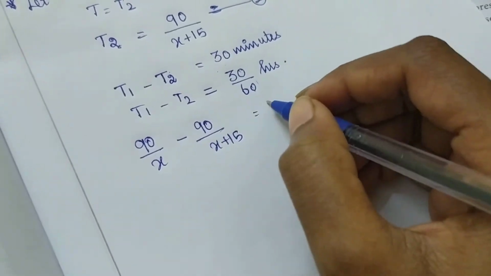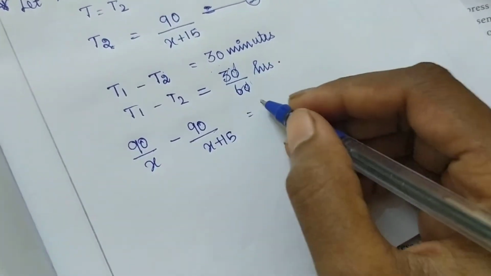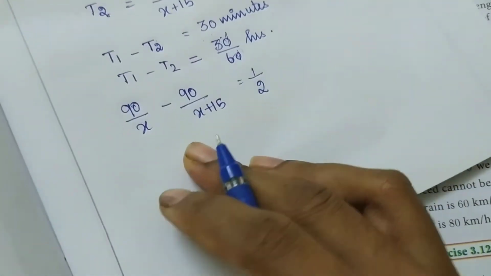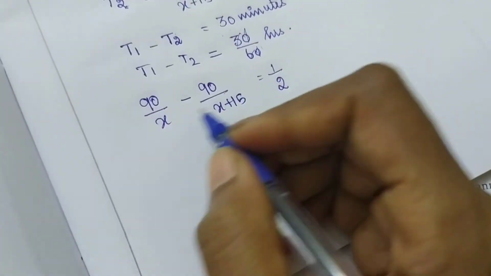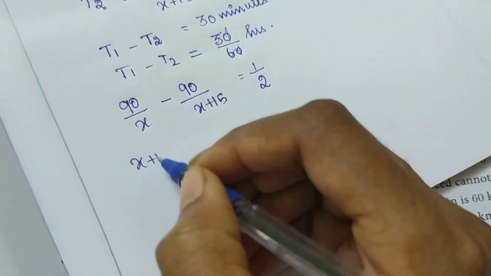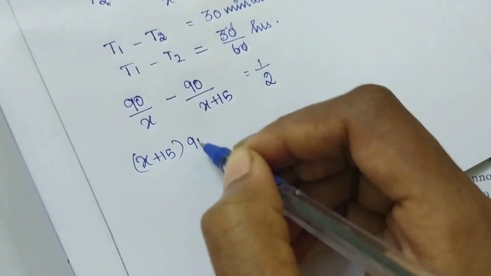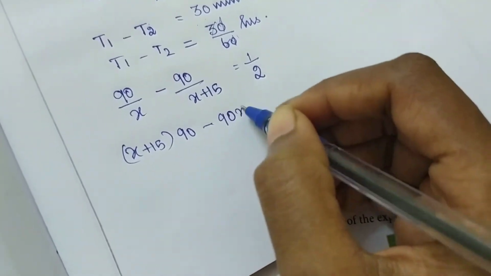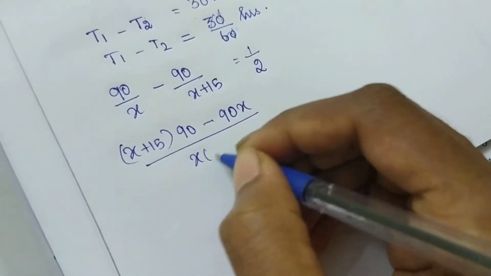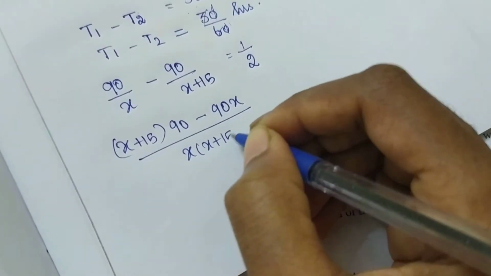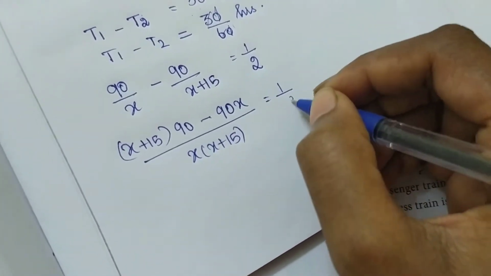We already did a sum like this. Cancelling, 30 by 60 is 1 by 2. Then we solve this sum: x plus 15 into 90 minus 90 into x, taking LCM, over x into x plus 15, equal to 1 by 2.